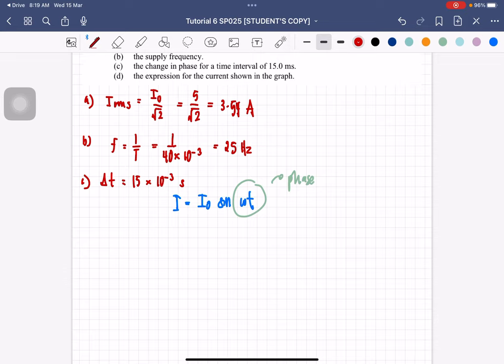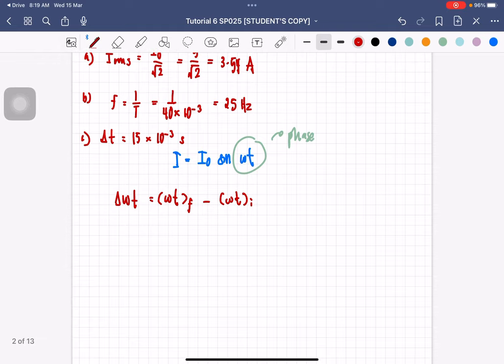We are just going to do the phase final minus the phase initial. So this will then be 2 pi f delta t, because now the only thing that's changing is the time.